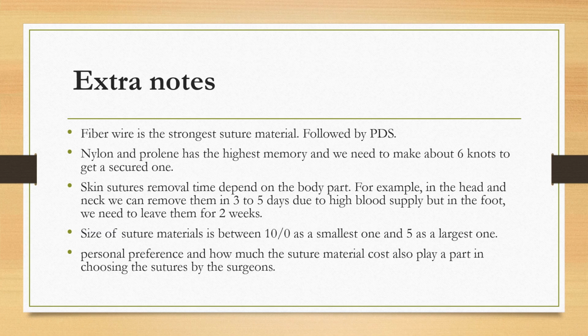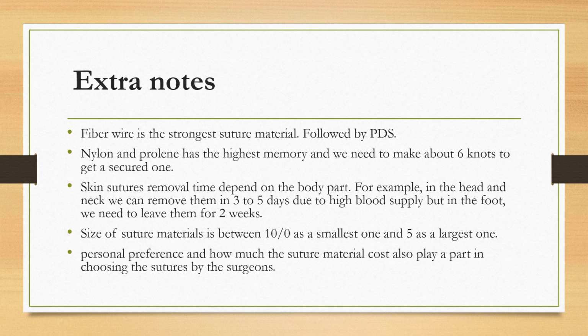The size of the suture materials we have, definitely you hear about 0, 2-0, 3-0. So whatever the number that comes before the 0, for example 2-0 is larger than 3-0.